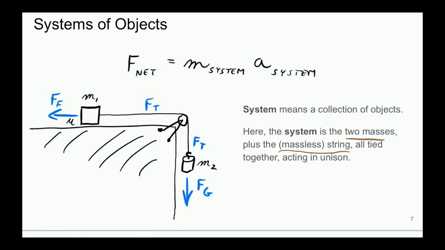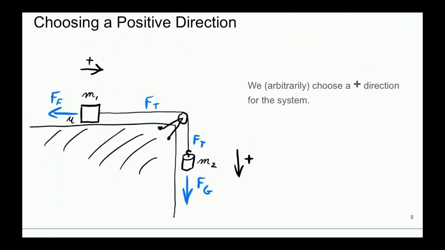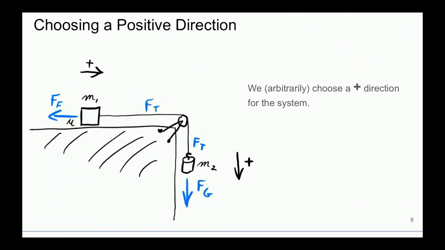So back to our system here. As always, even for a system, F net is mass times acceleration. So Newton's law applies if you have a system, just like it would for a single object. Okay, so when we want to analyze a pulley system, we first have to choose a direction for plus.